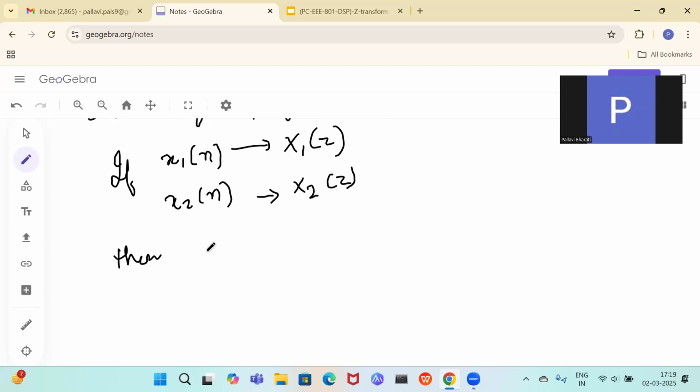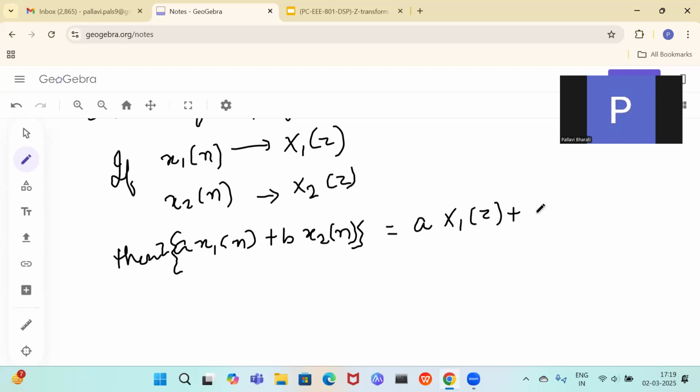The signals are multiplied by some constants. So suppose you have A into x1n plus B into x2n, and you have to find the Z transform of this. Then it is going to be the summation of the respective Z transforms along with these weighted constants multiplied. So it will be A into X1(z) plus B into X2(z).